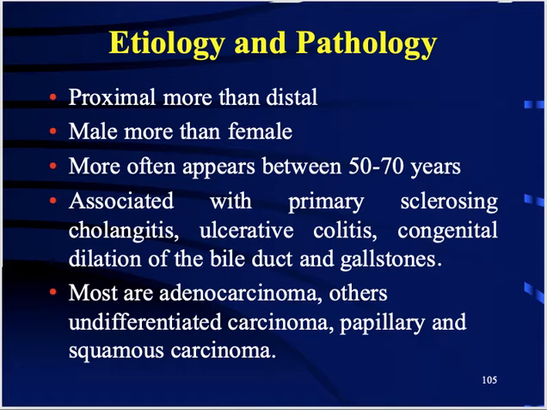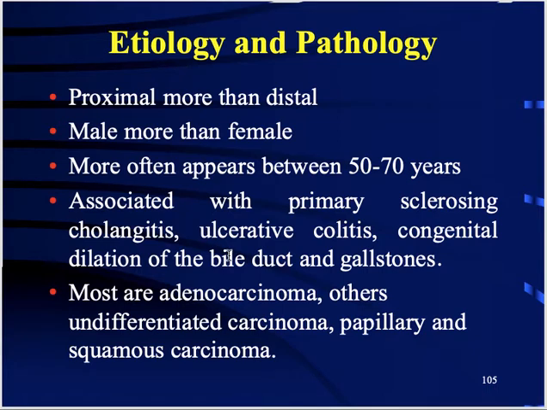Okay, so the risk factors, one of the risk factors which I remember, by the way, is primary sclerosing cholangitis, which is very common in females. PSC, primary sclerosing cholangitis. Patients who have ulcerative colitis or congenital dilation of the bile duct and gallstones have more cholangiocarcinoma.